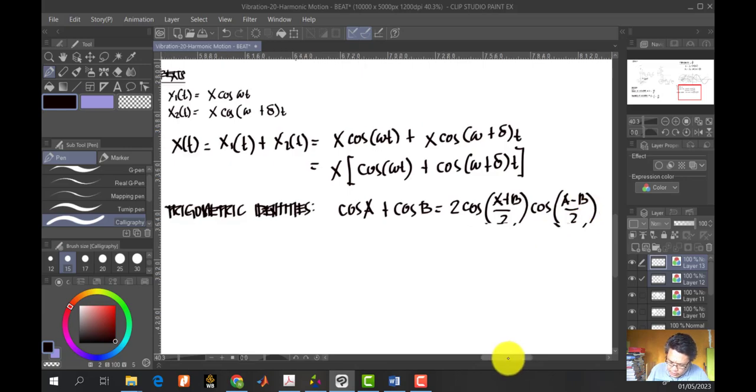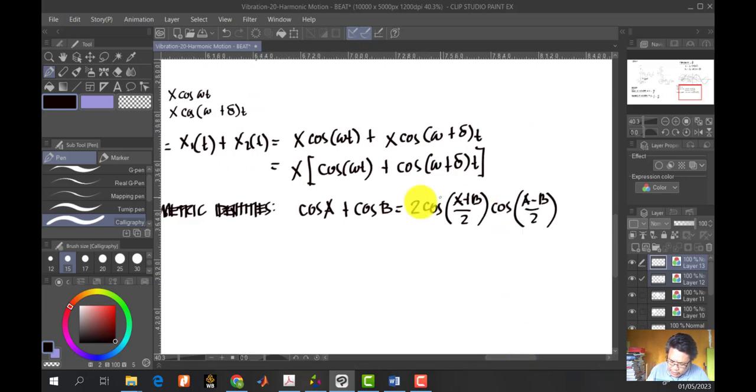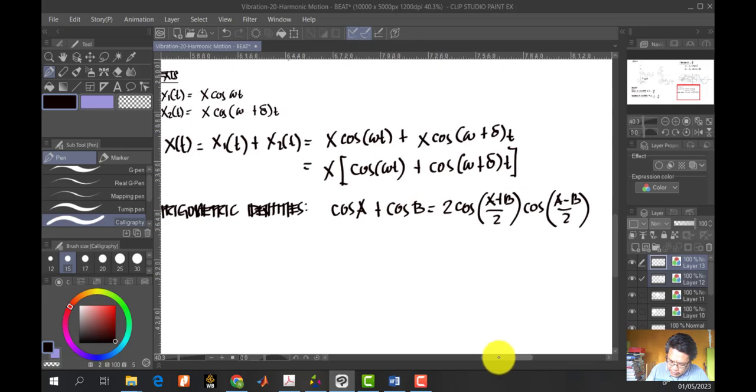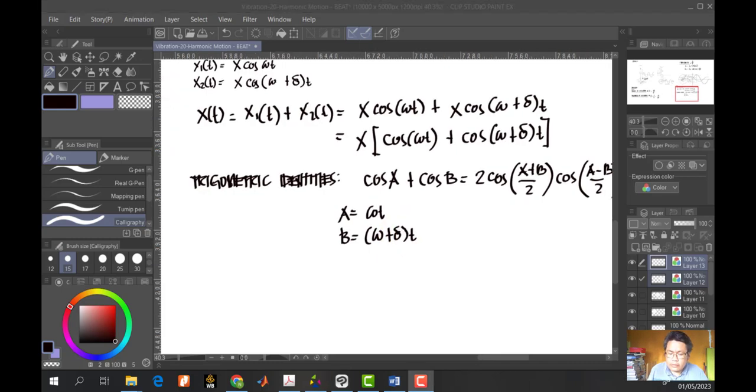So I can use this trigonometric identity to simplify further my equation for the beat, where A is equal to angular velocity times time, and B is equal to angular velocity plus lambda, multiplied by time. Then I can write the equation, substituting using this identity.